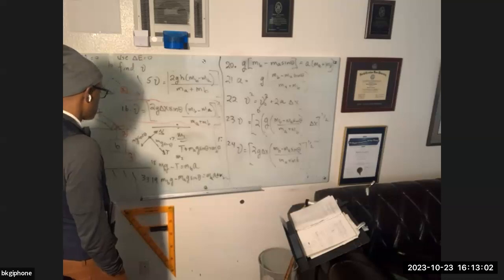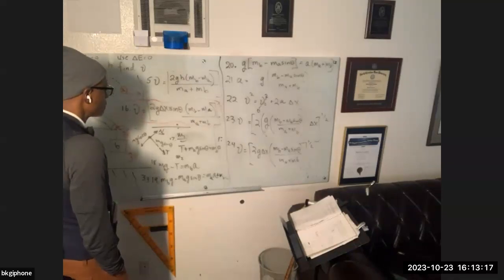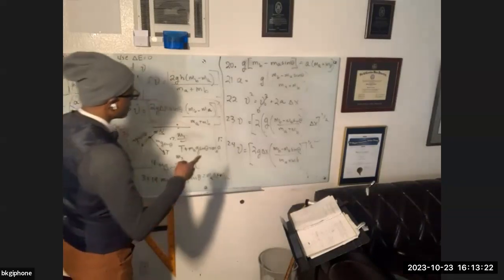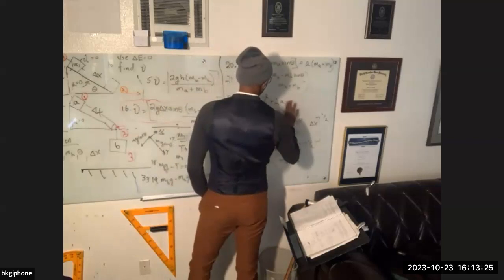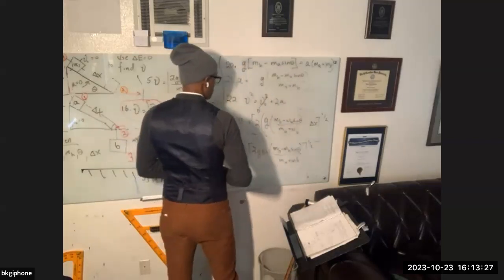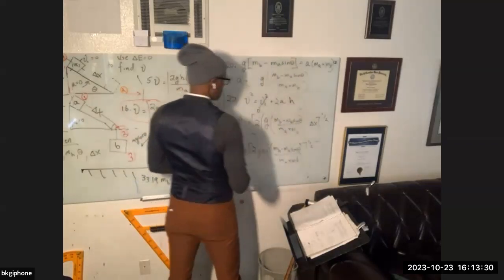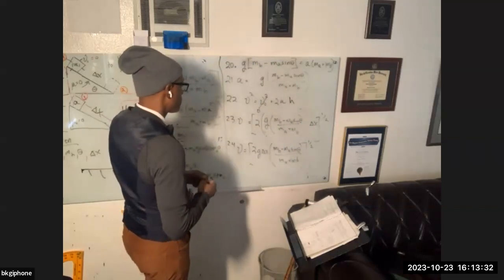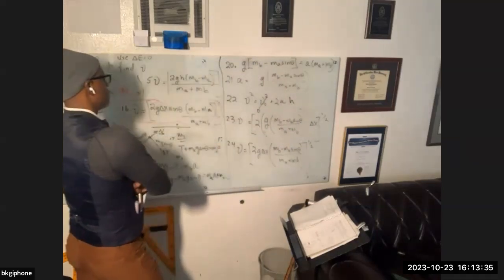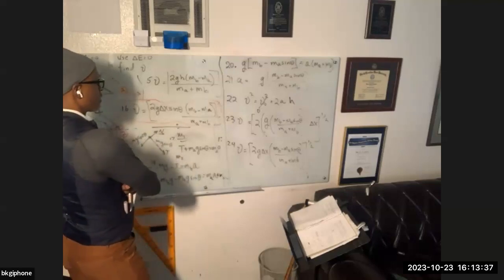What type of formula? Oh, because that's not the same x. This is h. This is h. And then you're going to have a squared inside there.